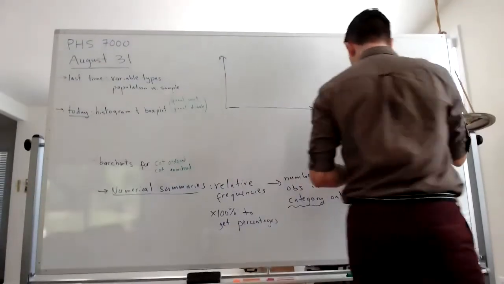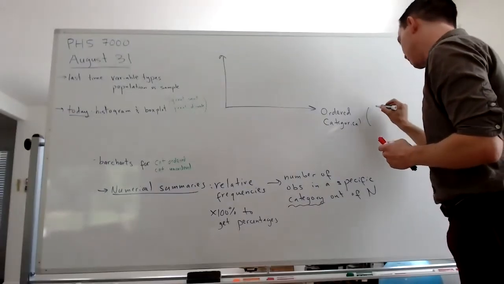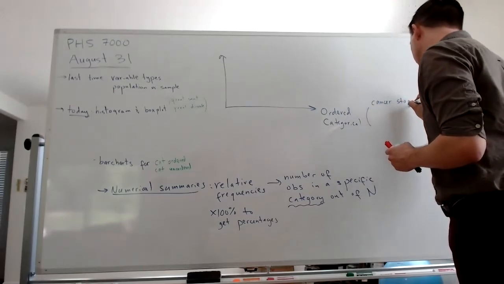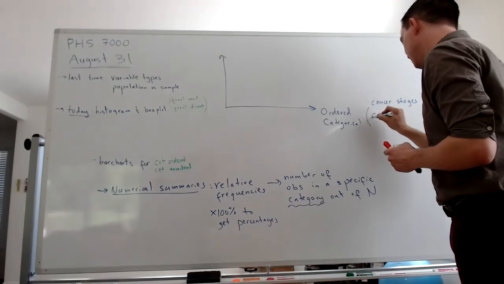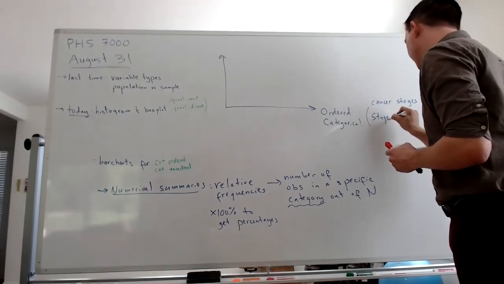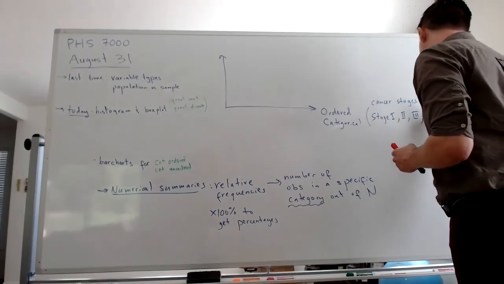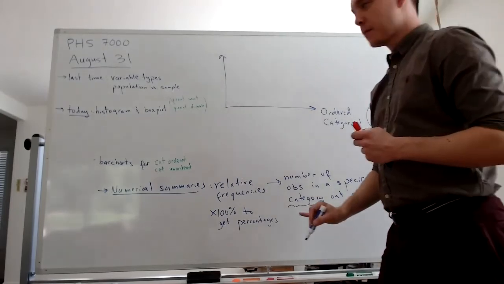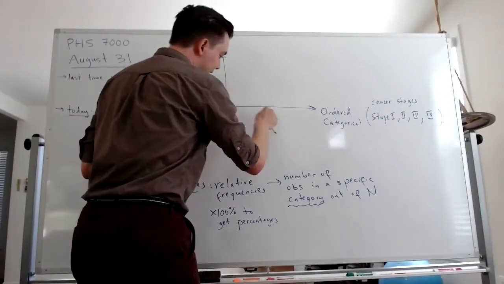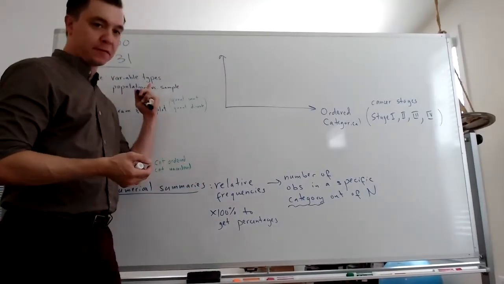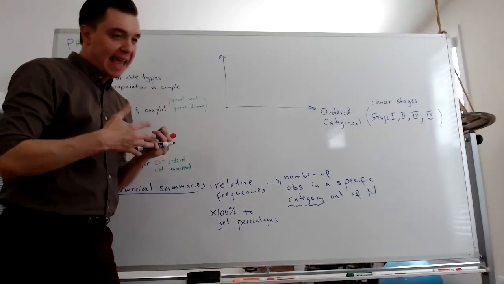If my ordered categorical variable is, for example, cancer stages, stage 1, 2, 3, 4, then these bins are different from the bins of a quantitative histogram because they can't be arbitrary.